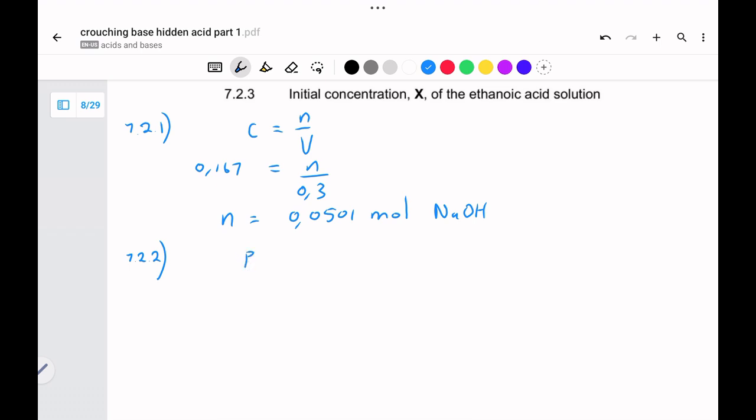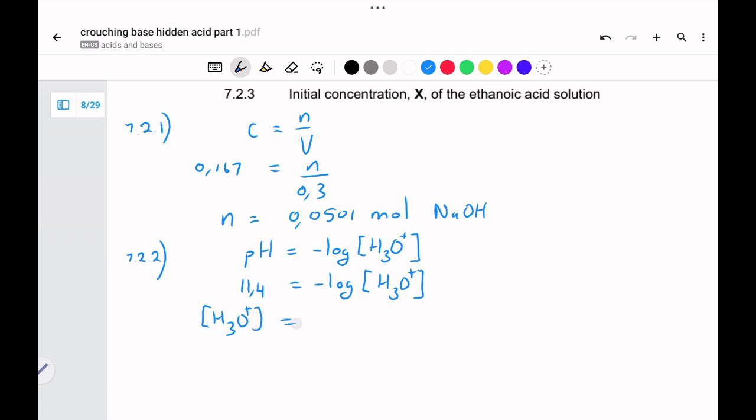So let's get the hydronium ion concentration first. It's 10 to the power of minus the pH value.